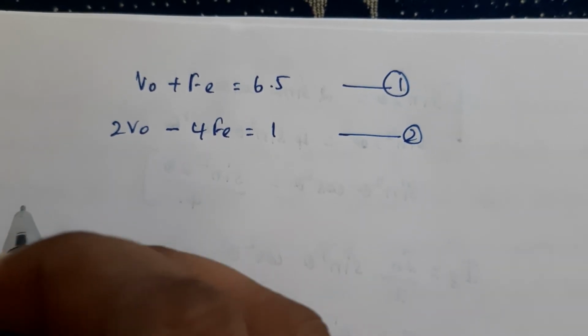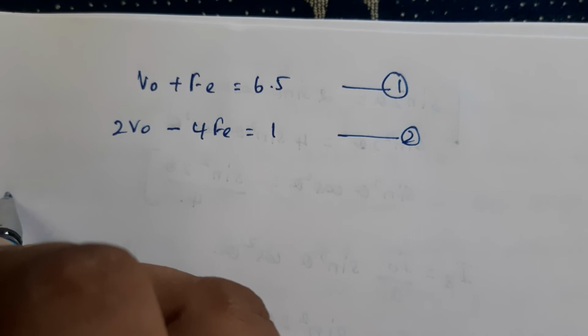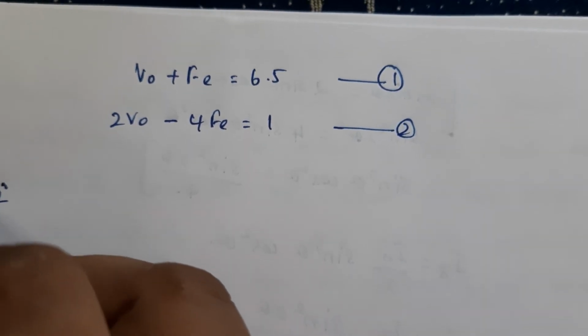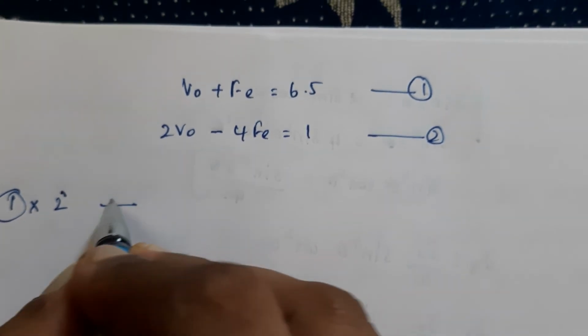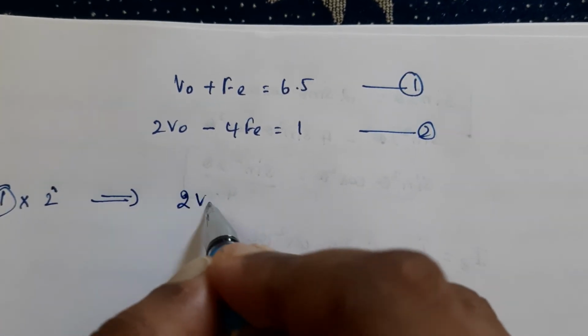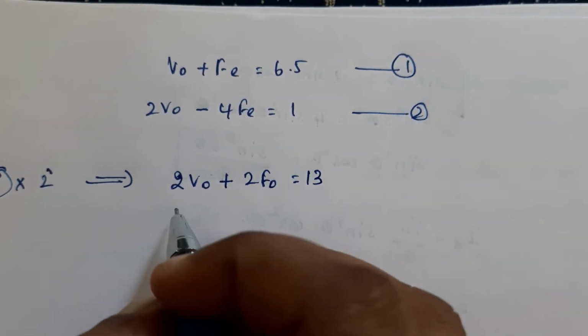I am going to multiply equation 1 by 2. So I will get 2 V0 plus 2 Fe is equal to 13.